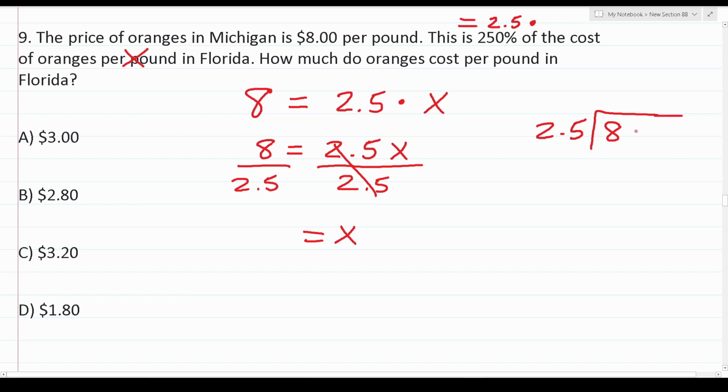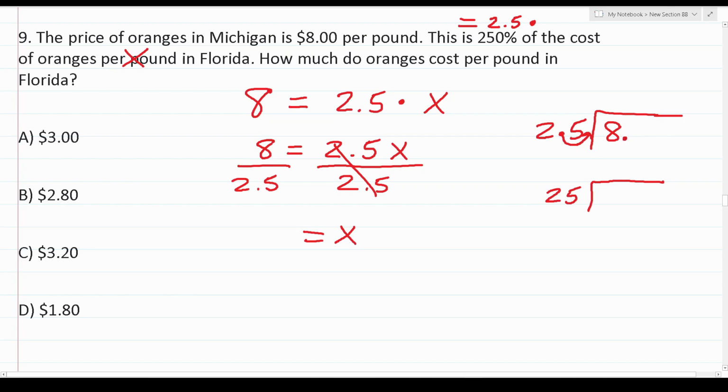The key to doing that is this. If the decimal's outside the division bracket, and it is in this case, you have to shift the decimal in that number to the right however many times you need to clear the decimal. So I'm going to have to shift the decimal in 2.5 one time to the right such that it becomes 25.